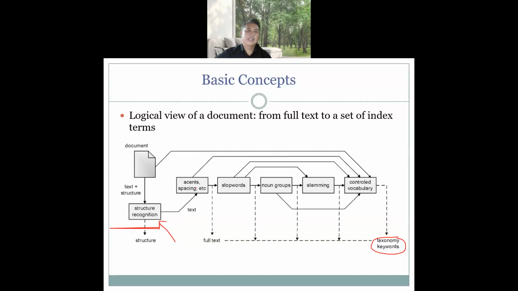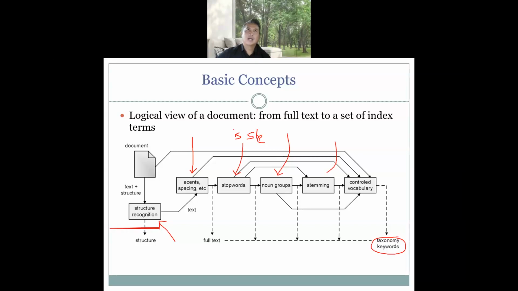Then we remove blank spaces, funny characters, all the numbers, and then we remove the stop words. Remember, stop words are like "she" and so on. We collect all the noun groups, the nouns, and we also perform stemming.